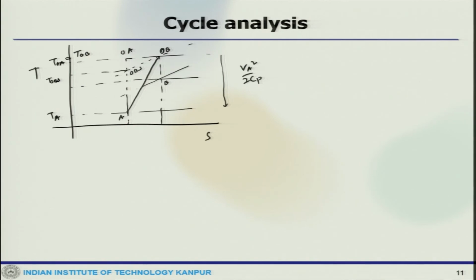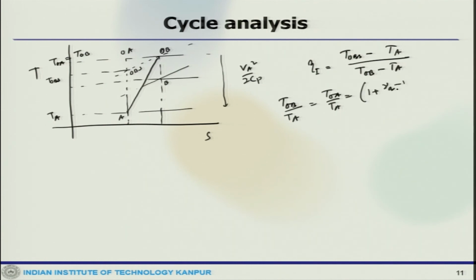So, what one can write, the isentropic efficiency for the intake is T B naught S minus T A by T naught B minus T A, where T naught B by T A is T naught A by T A, which is 1 plus gamma A minus 1 by 2 M A square, and P naught B by P A is 1 plus eta I gamma A minus 1 by 2 M A square to the power gamma A by gamma A minus 1, where the static temperatures are T and P and the total conditions are all with the naught.